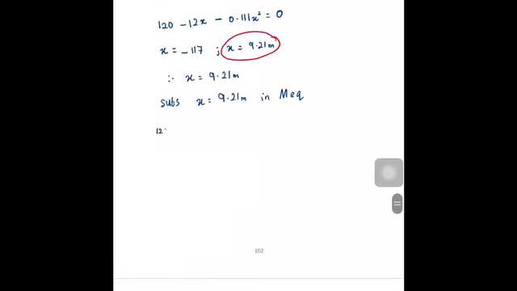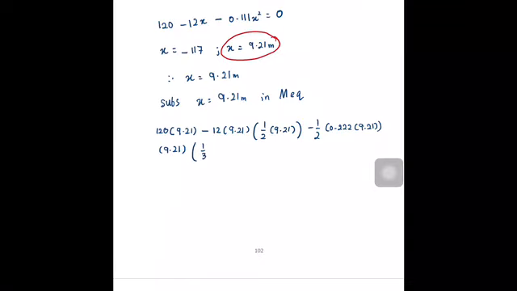So 120 times 9.21 minus 12 times 9.21, 1 over 2, 9.21, minus 1 over 2 times 0.222 times 9.21 times 9.21, 1 over 3, 9.21 is equal to moment.